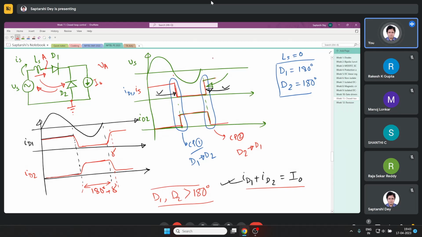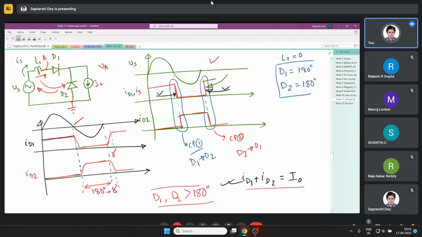Let us again go back to the case where there was no inductor. The negative voltage reverse biased D1, so D1 is open now. So let me write the equation. Say I am writing the voltage equation at this point.